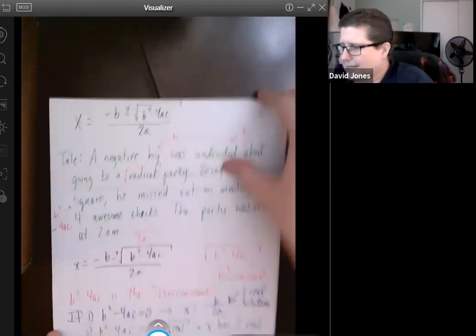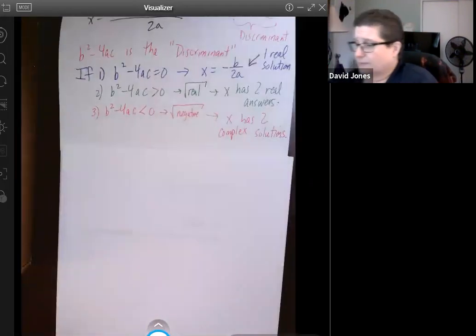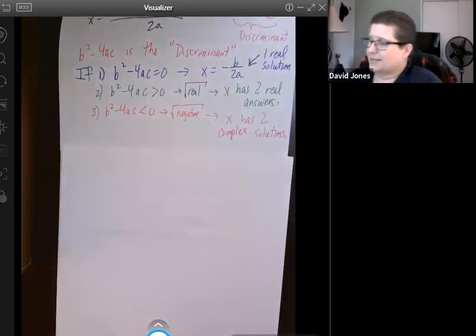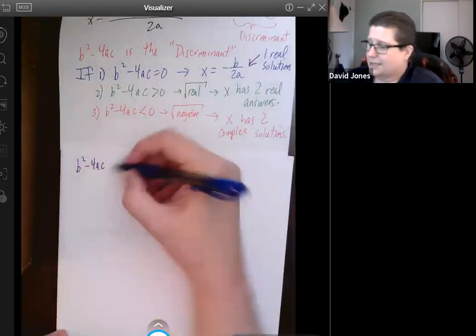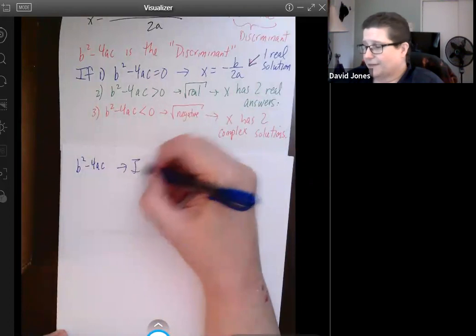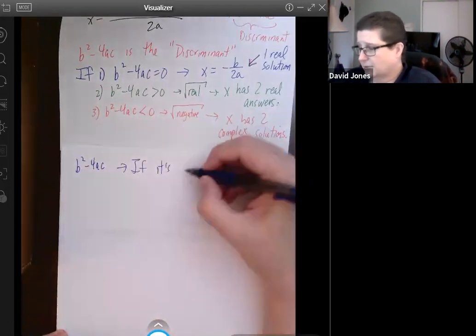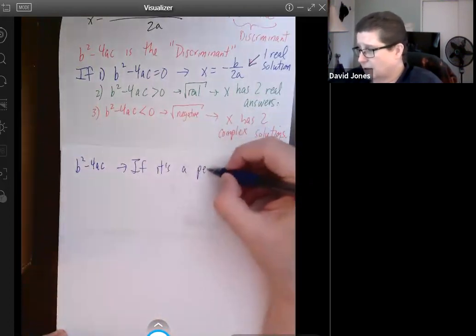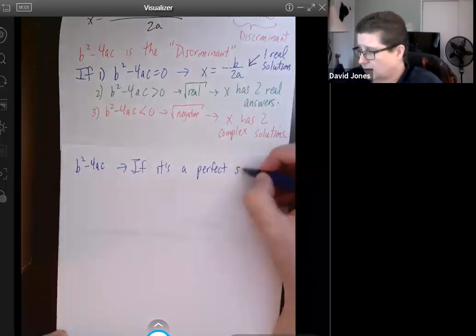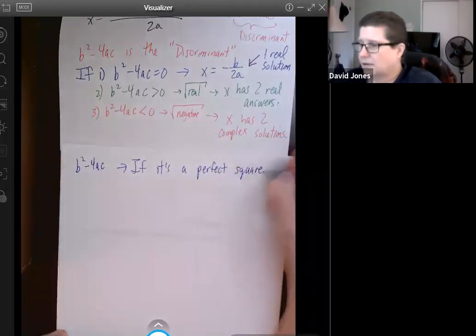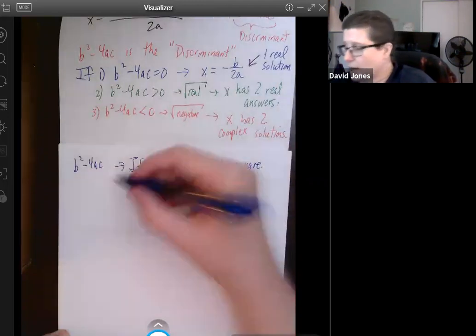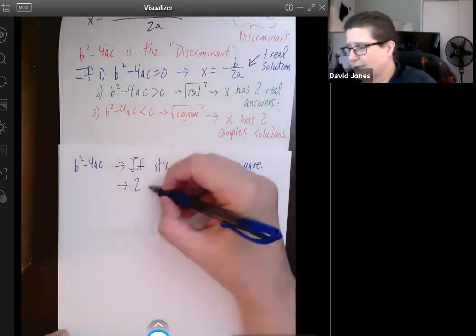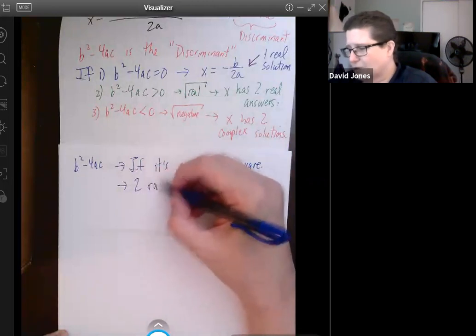They actually break it down a little bit more. You can categorize it even more. If b squared minus 4ac is a perfect square, then the radical will go away. You'll take the square root of a perfect square. The radical goes away. We're just left with two real or two rational answers.